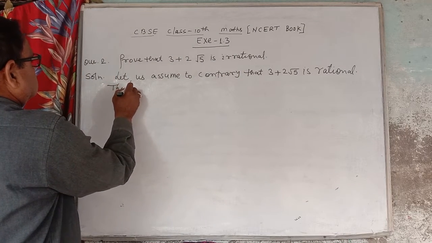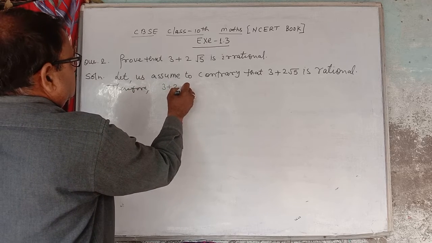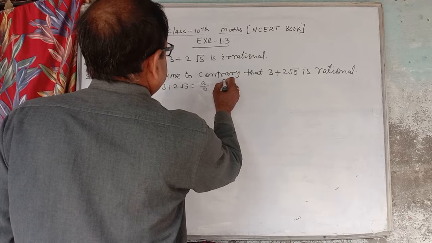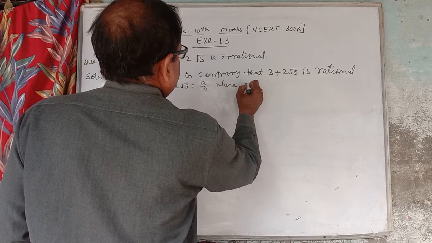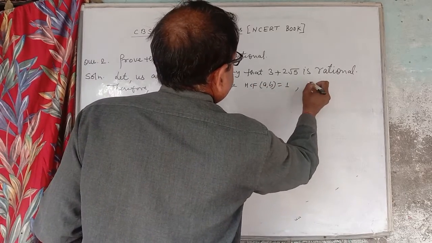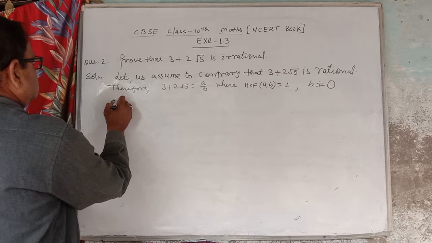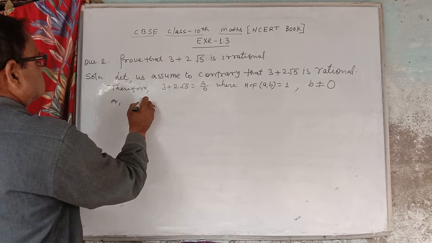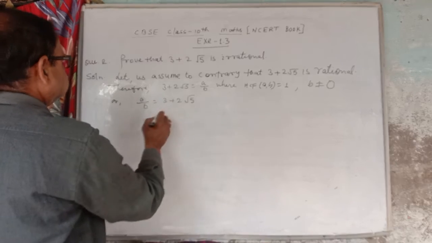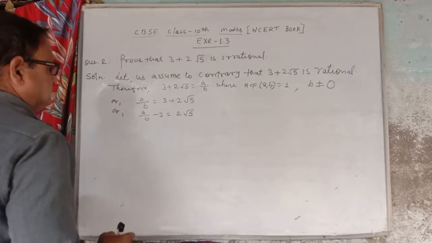Therefore, 3 plus 2 root 5 is equal to a by b, where HCF of a and b is equal to 1 and b is not equal to 0, or a by b is equal to 3 plus 2 root 5, or a by b minus 3 is equal to 2 root 5.